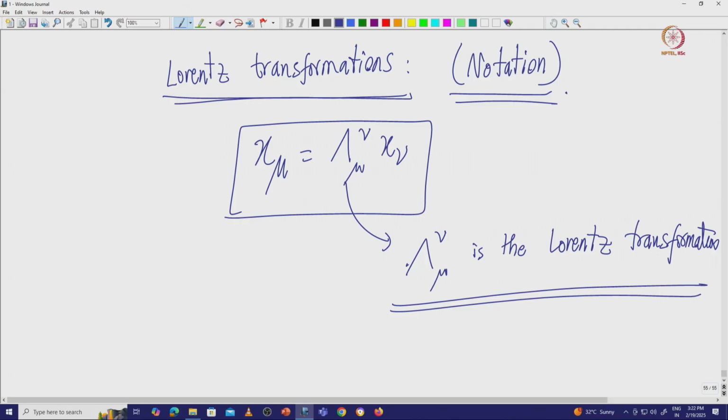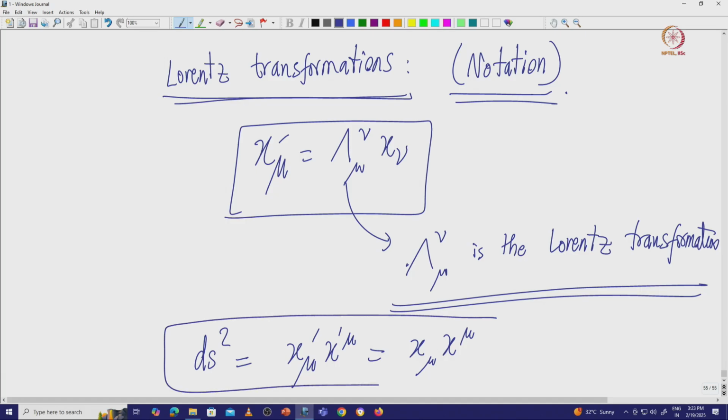So, what does the Lorentz transformation conserve? What does it keep invariant? It keeps, as we have seen, the line element invariant. This is the condition on a generic Lorentz transformation.